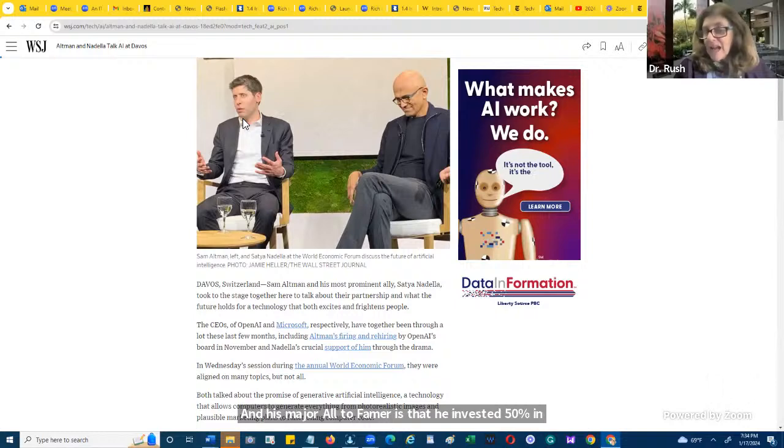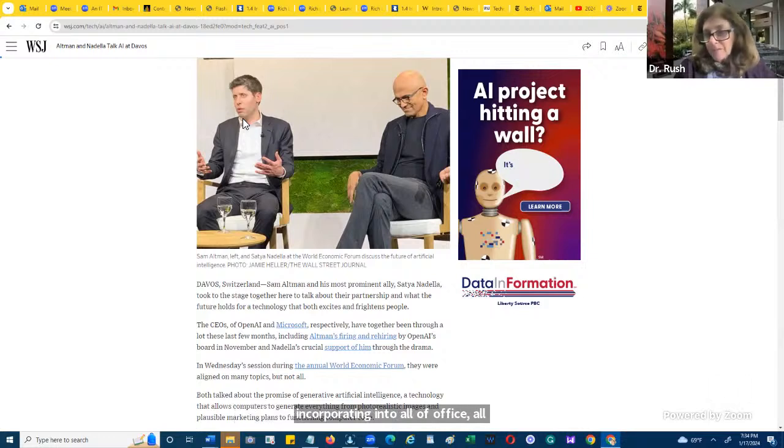Now he's taking that technology and incorporating it into all of Office, all of their products. So when you want to design PowerPoint, there'll be a copilot that you can have, the AI, help you develop it. They're at the World Economic Forum that meets every year, and the CEOs of OpenAI and Microsoft have been through a lot the last few months.